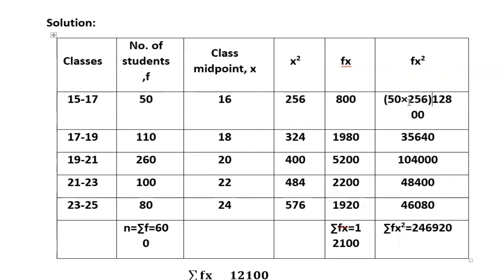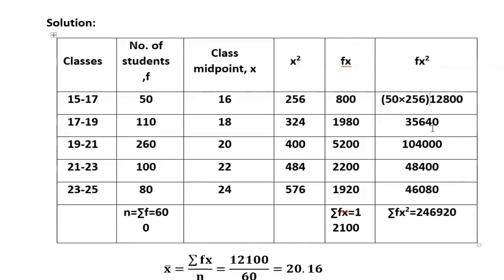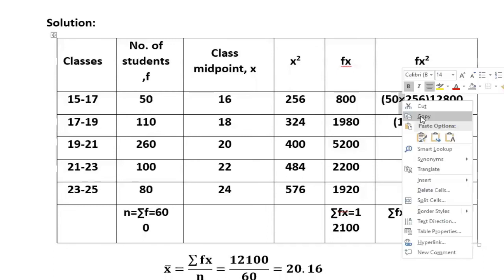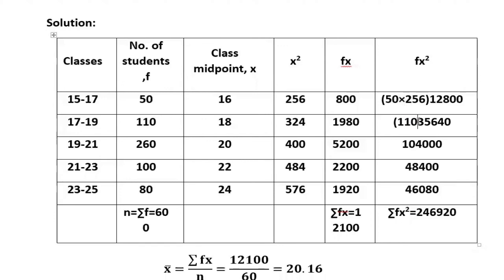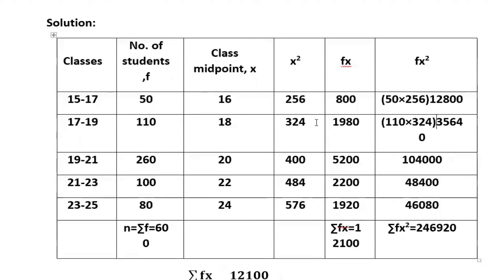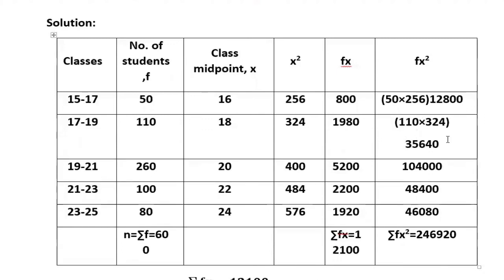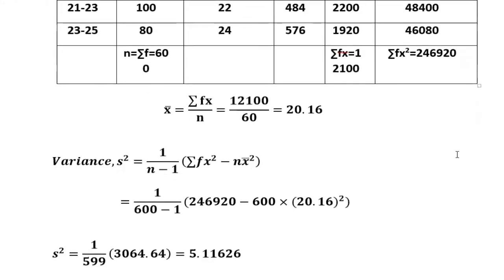If you multiply this, you will get 12800. Again, you multiply 110, the frequency, by x square, which is 324. I think you will get this value. So this is the way to calculate f multiply x square.